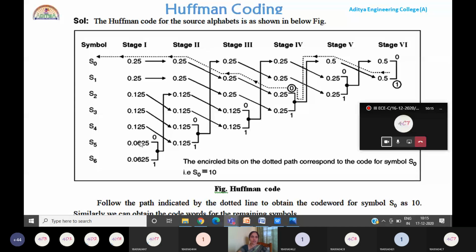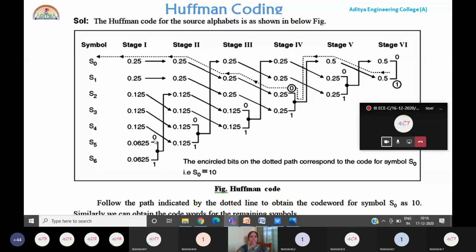They are in decreasing order only, so represent them in the same order. So S0, S1, S2, S3 and so on up to S6 are represented. Next, represent the respective probabilities. The first column is the symbol and the second column is the corresponding probability. Please mention here as stage 1.